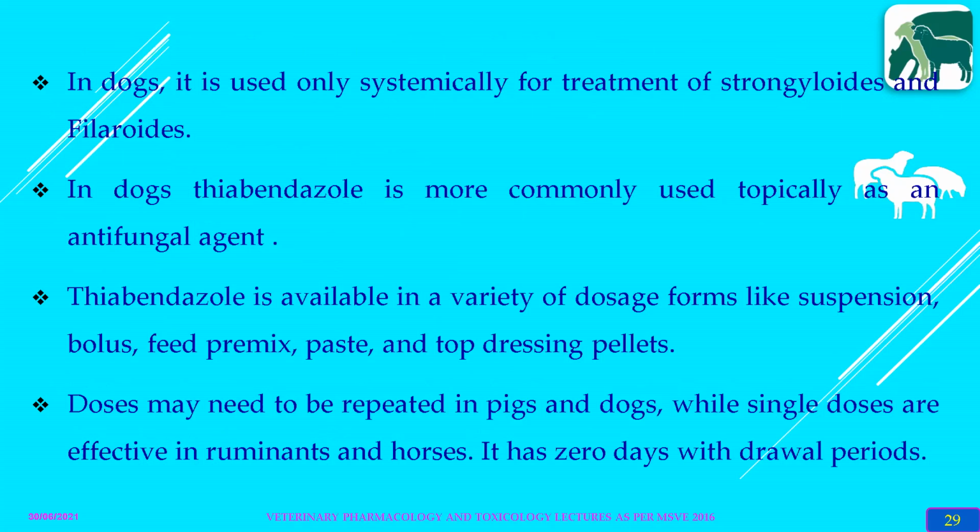In dogs, it is used only systemically for treatment of strongyles, and apart from this, the filarioids, such as Dirofilaria immitis and Thelazia rhodesi, etc. They are filarioid parasites, and thiabendazole is highly effective against them. In dogs, thiabendazole is more commonly used typically as an anthelmintic and also as an antifungal agent. So this is an important antifungal activity of thiabendazole.